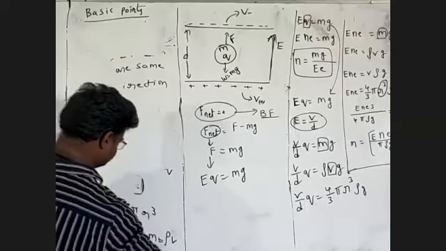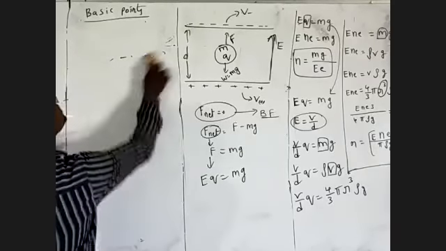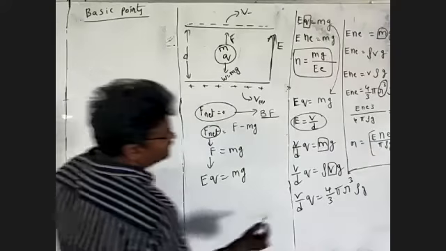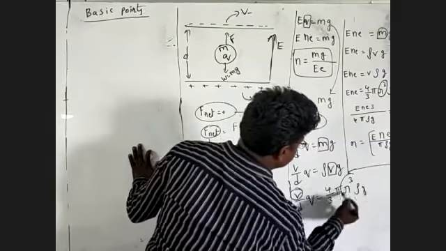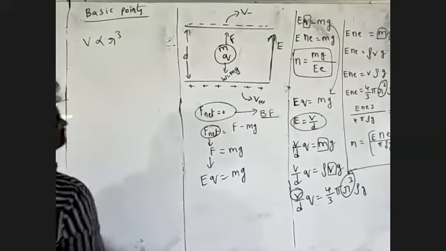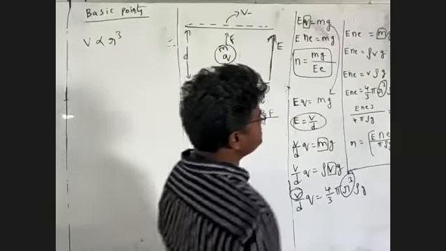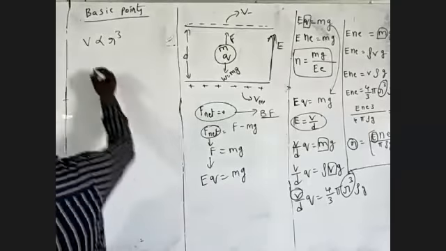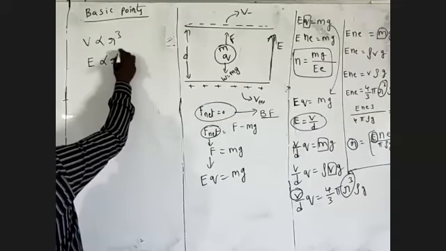So here, this is V, this is r cube. I'm taking it as directly proportional: V is directly proportional to r cube. Next, I'm writing E, the E power of r cube. Next, VQ is directly proportional to r cube.